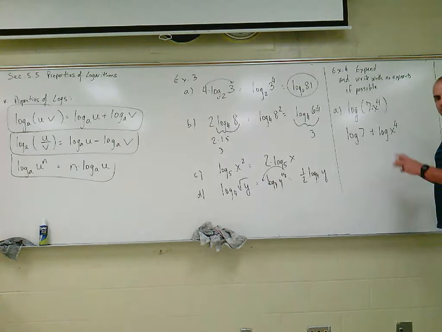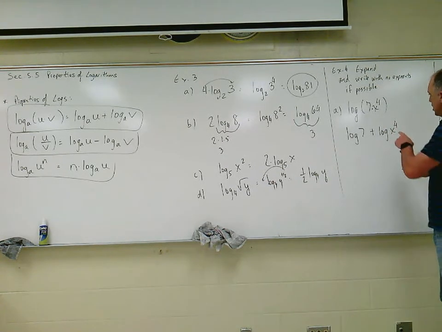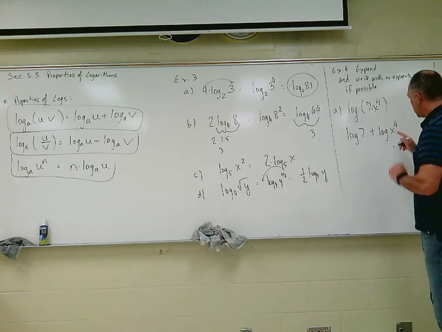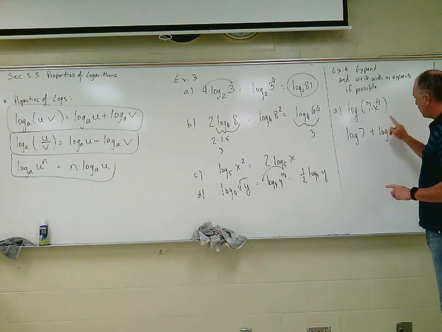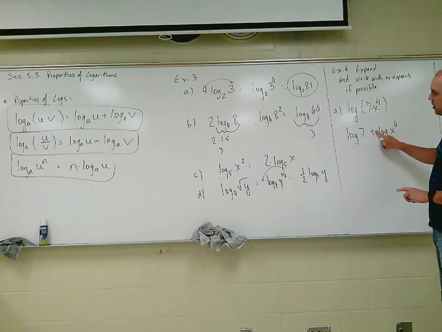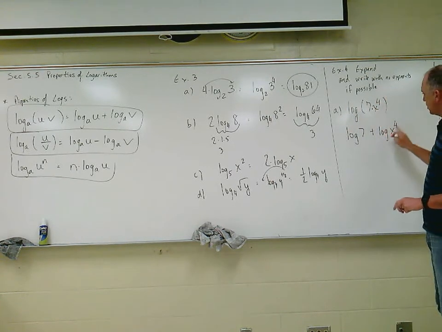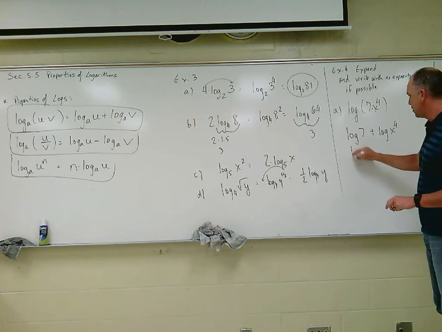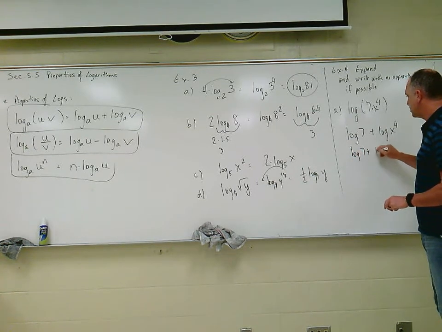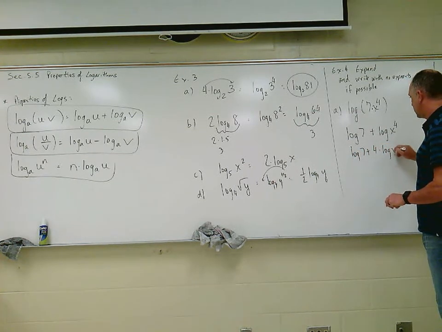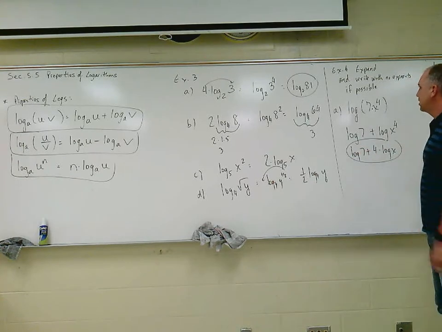Now I've used the first property we've looked at today, but this has an exponent, and I can only move it in front if the entire inside is to that power. Here I can't move the 4 because the entire inside is not to the fourth. Here, since the entire inside is to the fourth, I can move the 4 in front, and there it is, completely expanded.